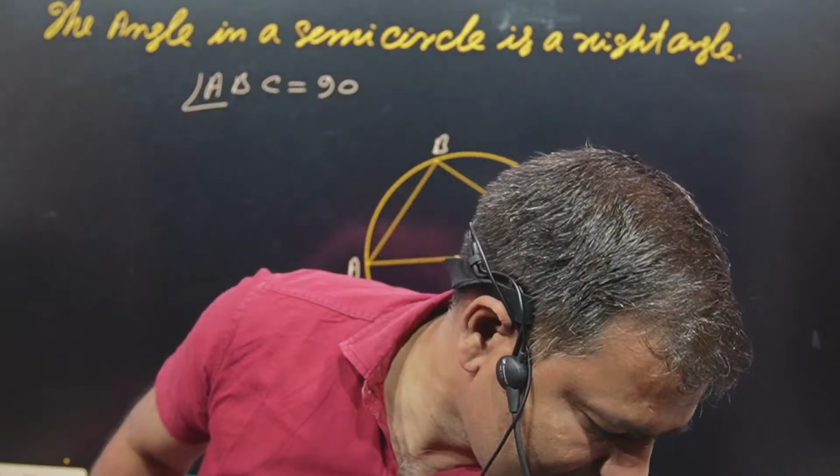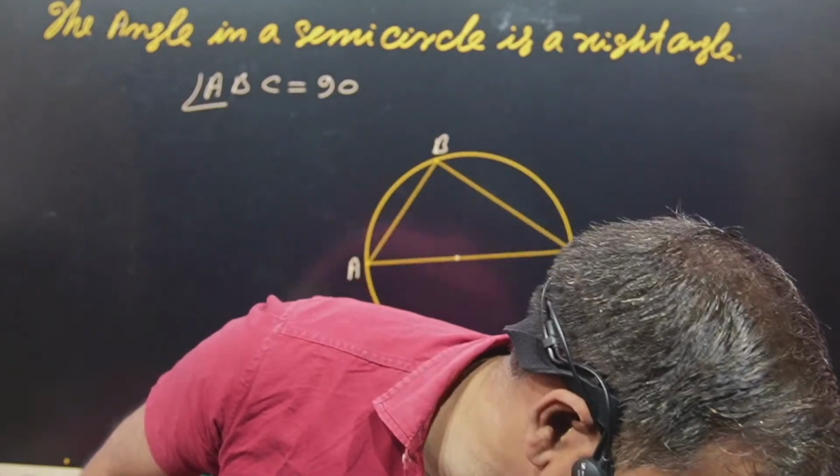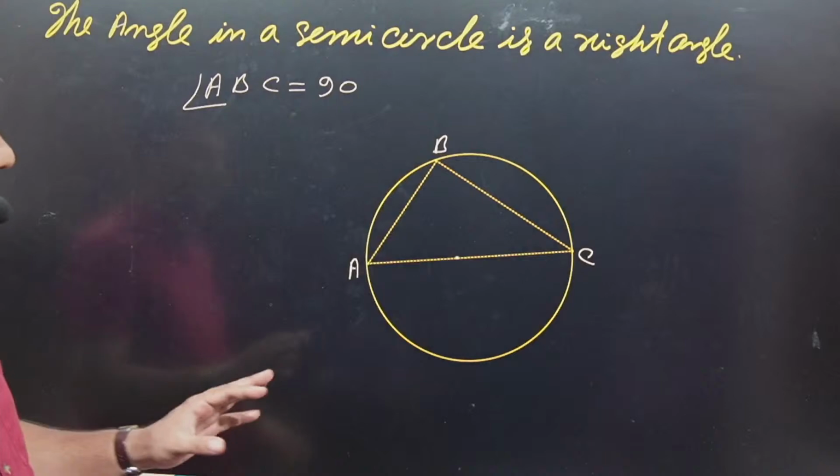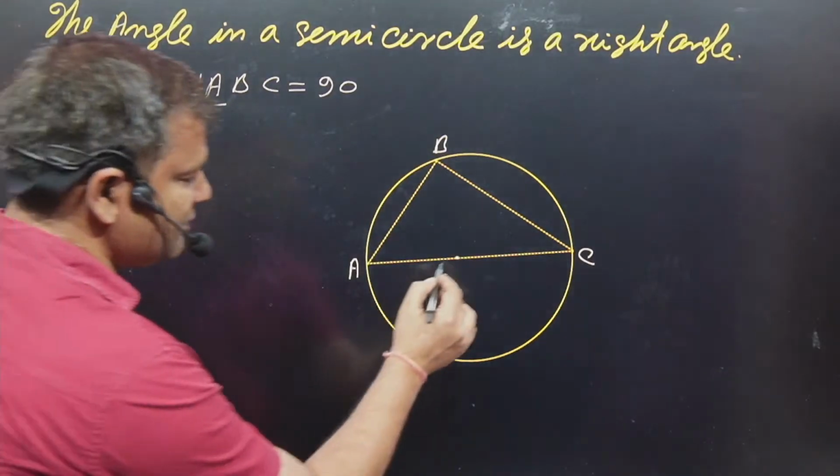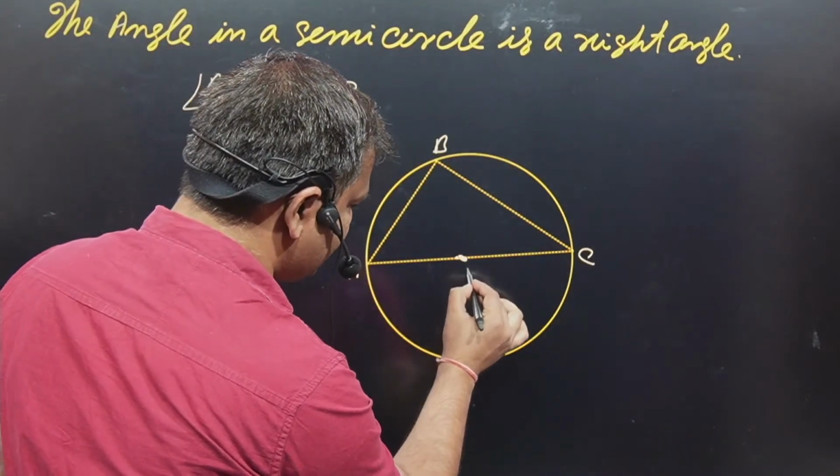So how can we prove it? Look here, in the last theorem, O is the center of the circle.